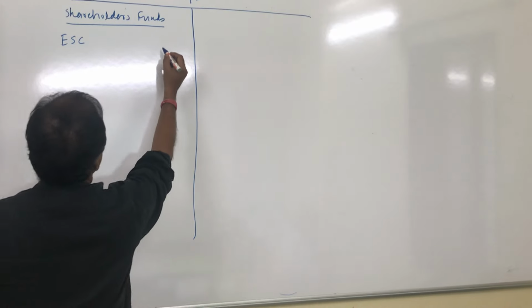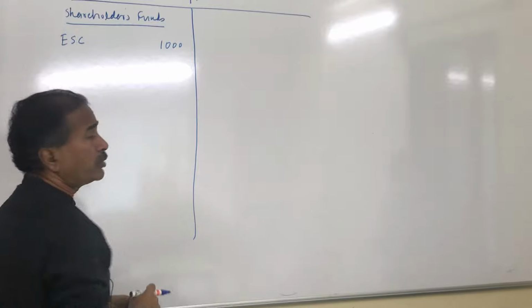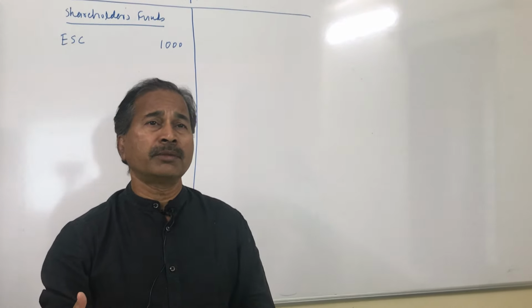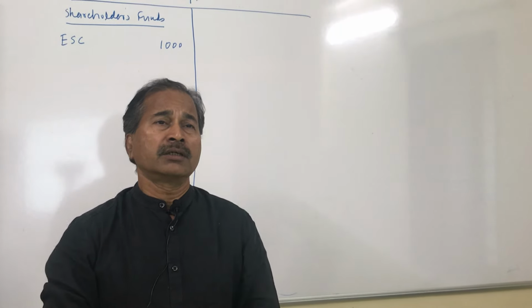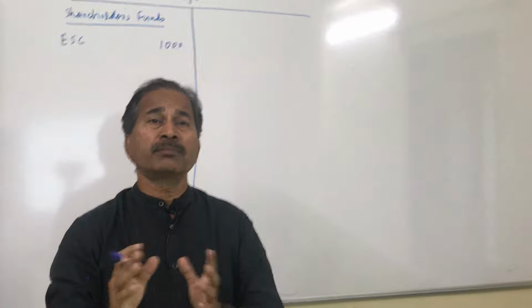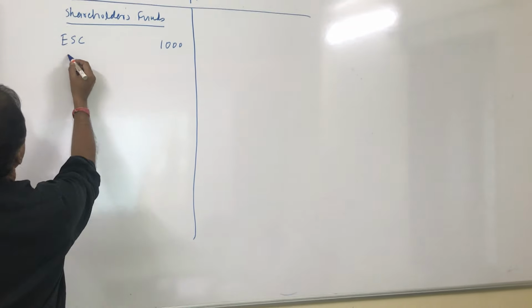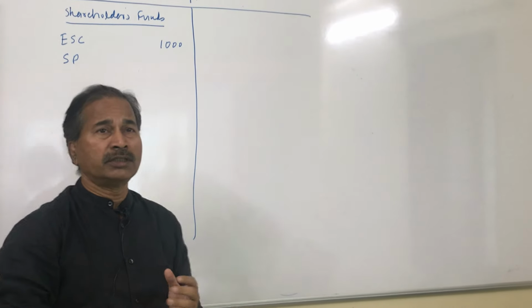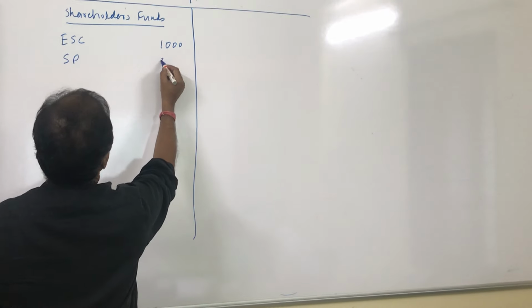Let's say that equity share capital is 1000, and remember when you issue share capital, many times for good companies they will issue the shares at a premium. So not only will you have the equity share capital, you will also have something which is known as share premium. Let's assume that this company has issued the shares at a premium, and that premium amount is, let's say, 3000.